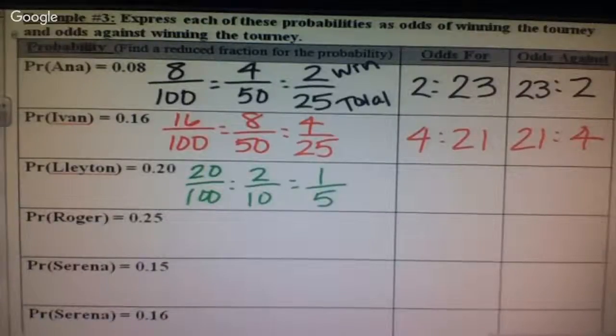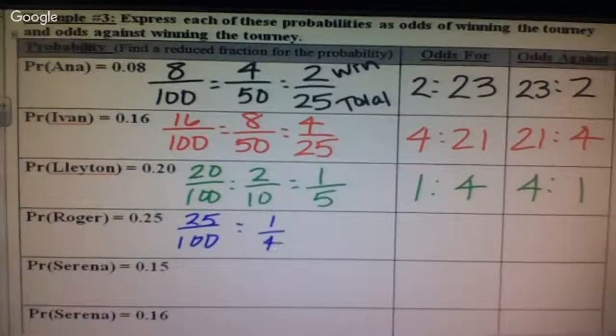So 1 to 4, 4 to 1. Roger is 0.25. So that's 25 out of 100, which is 1/4. So 1 to 3, 3 to 1.